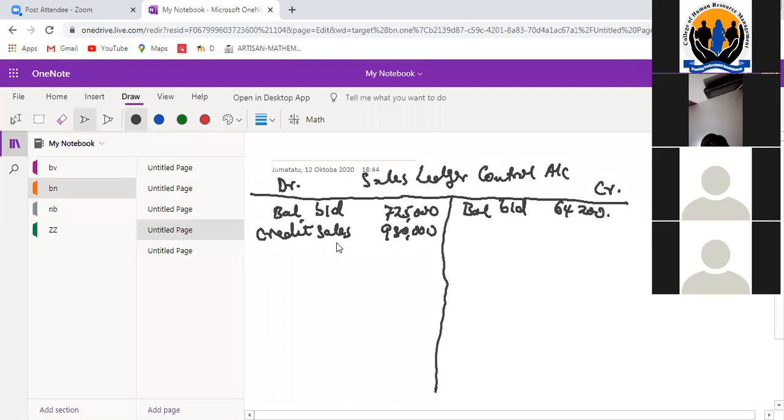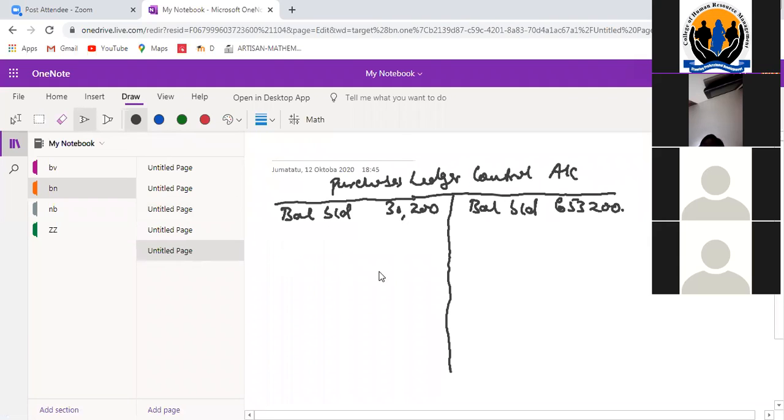Then we had credit purchases, 440,000. Credit purchases increase the creditor, so it is going to appear on the credit side of the purchases ledger control account. So come here and record credit purchases 440,000.